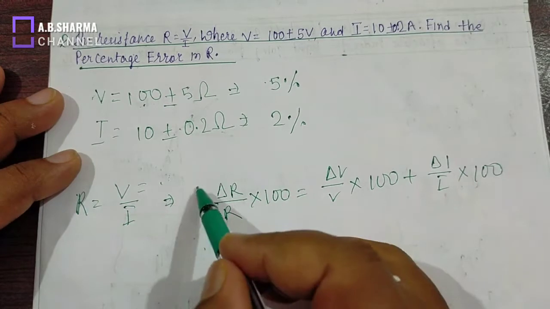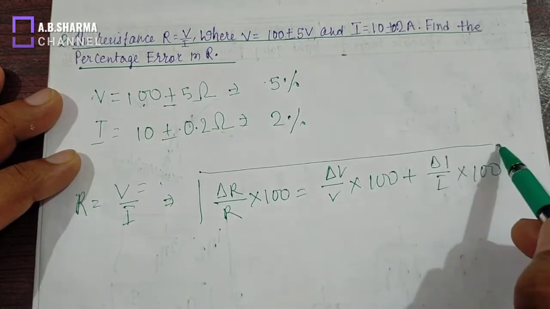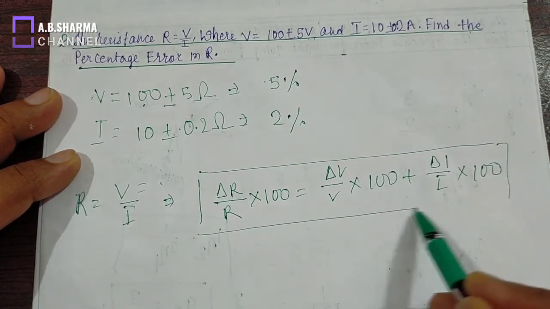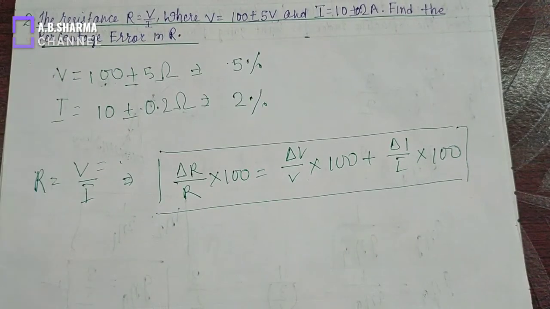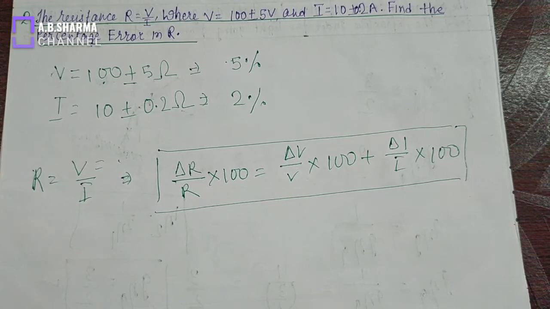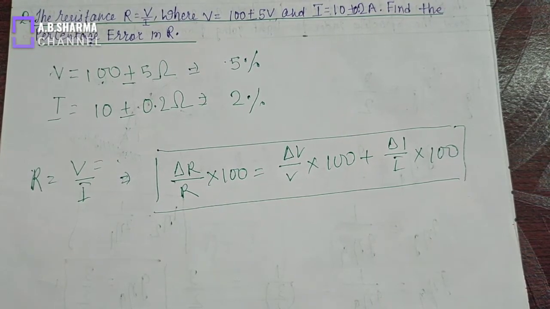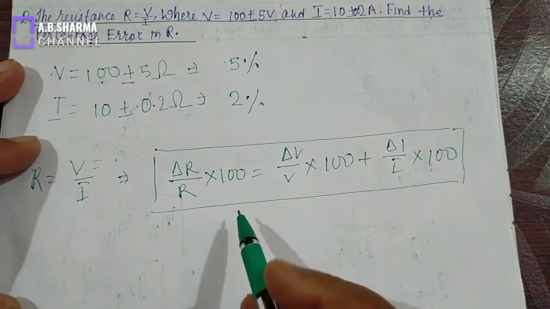This is the formula for finding percentage error. I am expecting that you have studied that chapter properly. If there is any confusion in theory part, please comment in the comment box so that I can make videos on theories also. These are very basic questions.